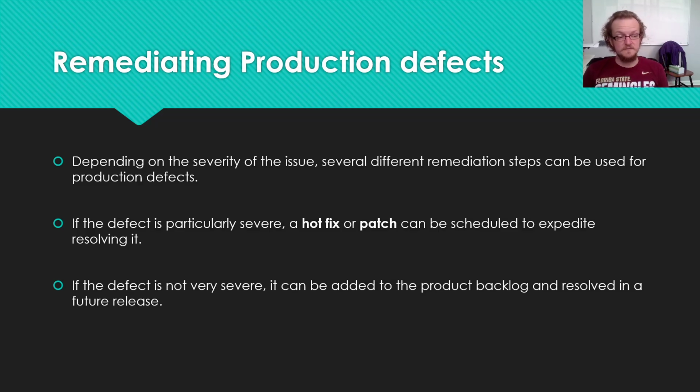So if the defect is not severe enough for you to release an urgent fix, what you would typically do is put it in the product backlog, and then this whole process would circle back around. So you would have additional things in the product backlog. When you go to the next sprint planning meeting, the Scrum Master would go through and pull some of that backlog work onto the sprint, and potentially this defect that was found by a client would be wrapped up in that.